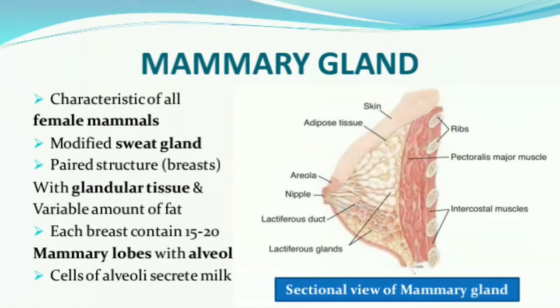Externally, each breast has a projection, that is nipple, and it is surrounded by circular pigmented area of skin, maybe deep pink to light brown, and that pigmented area is known as areola. And on the surface of areola, there are numerous sebaceous glands which are known as areolar glands.